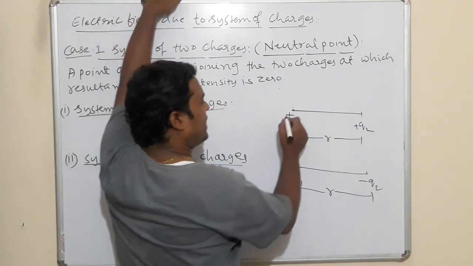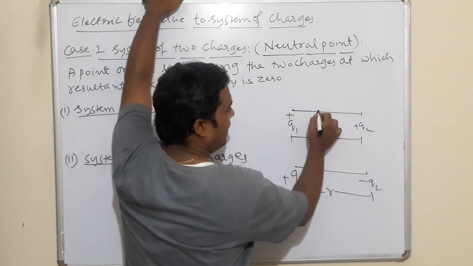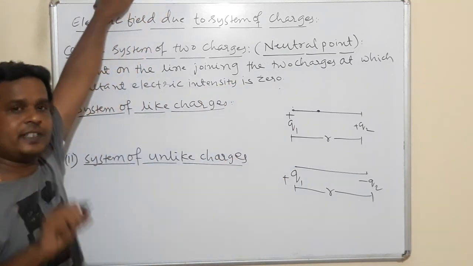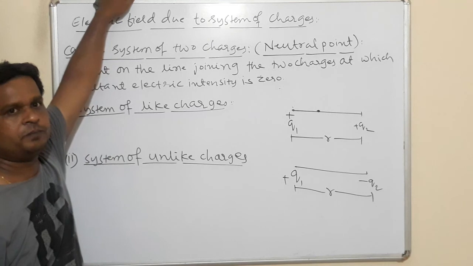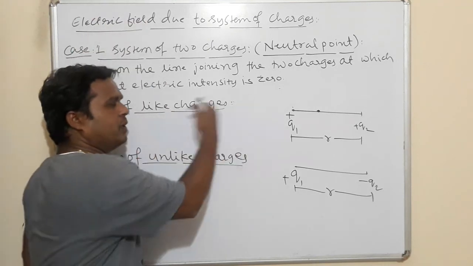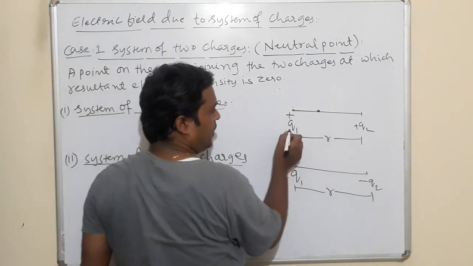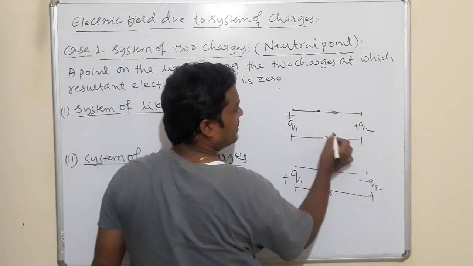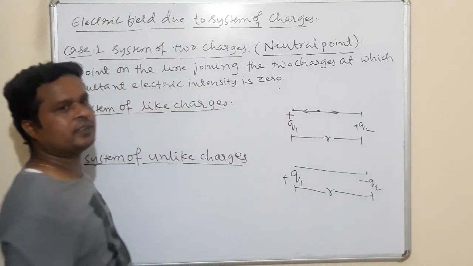If you select the point in between the charges, here if I select the point, for the net field to be zero, both the fields must be opposite in direction. If they are in the same direction, net field never becomes zero, because two vectors will go on adding to each other. The electric field due to this charge will be away from the charge at this point, and the electric field due to this charge will also be away from the point.